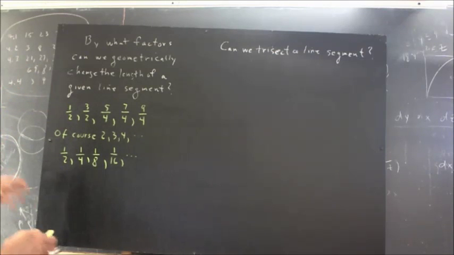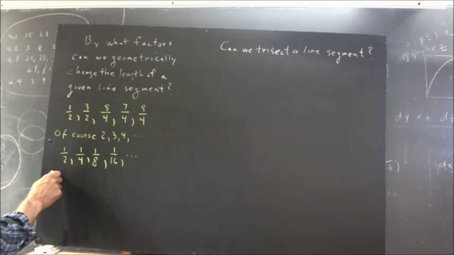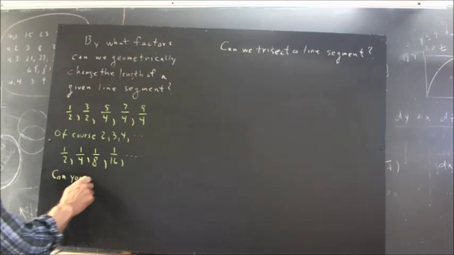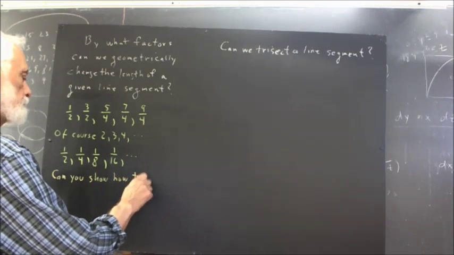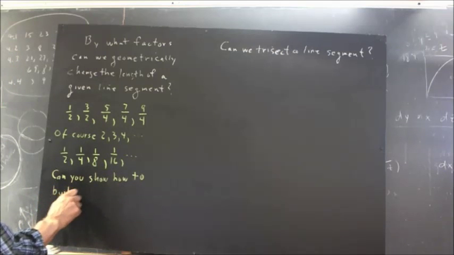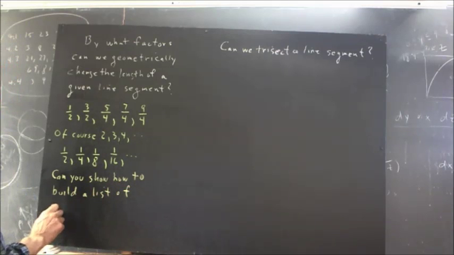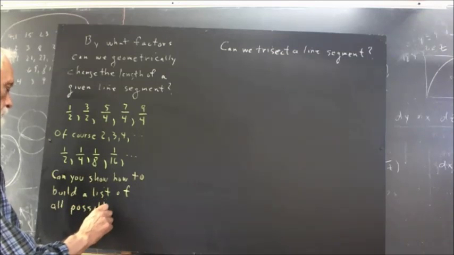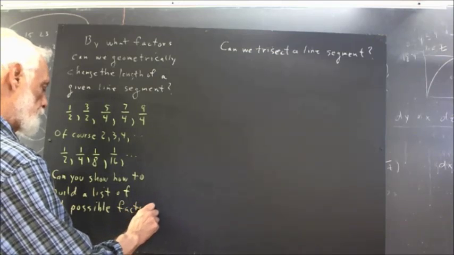What fractions can you get if you know that we can get all these, and are there others? So the question here now is, can you show how to build a list of all possible factors?